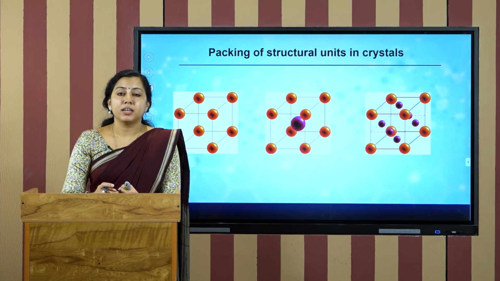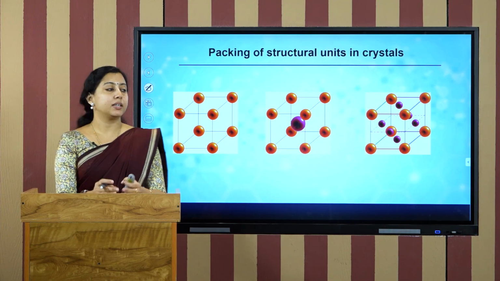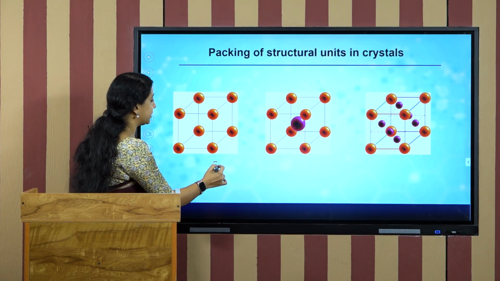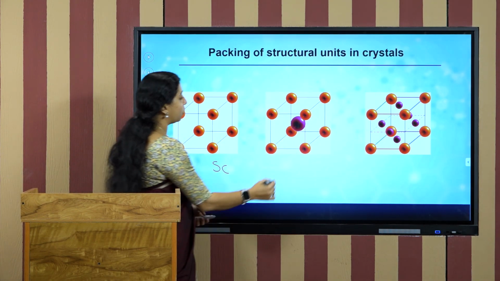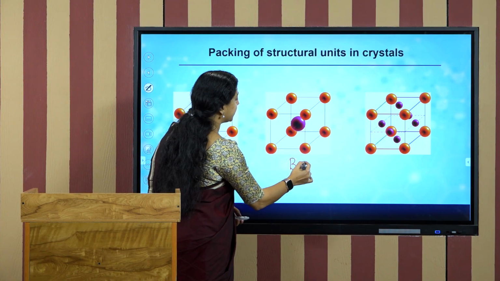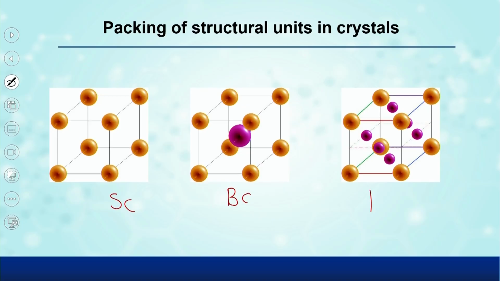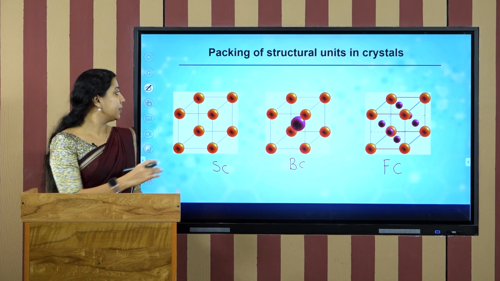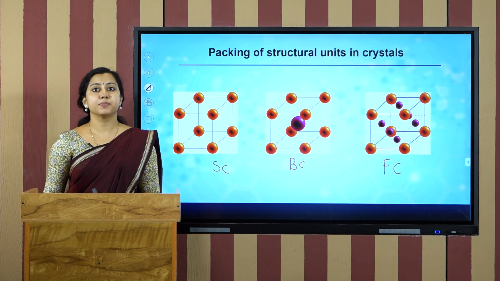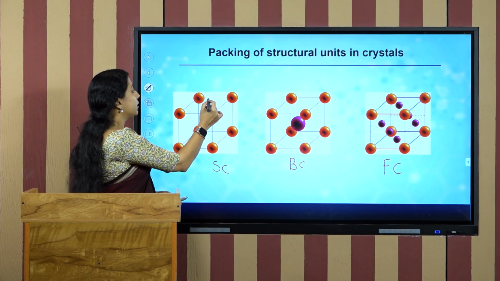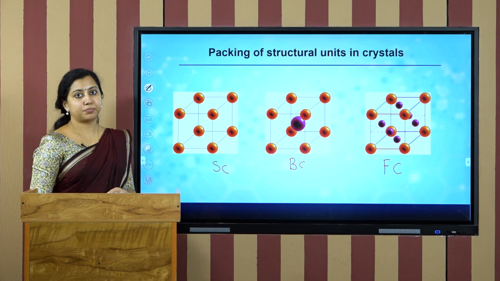When we deal with the diagrams of different types of cubic lattices, especially simple cubic as you can see here, or a body centered cubic or a face centered cubic lattice, we represent them using very small spheres separated by some distances.